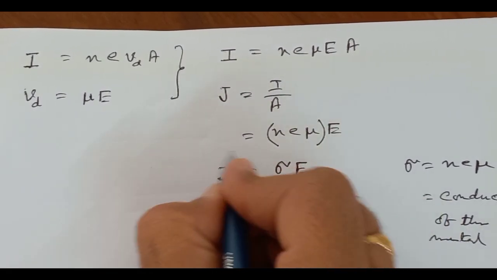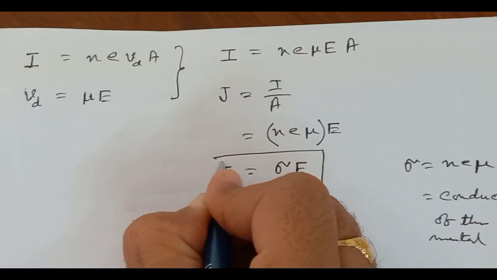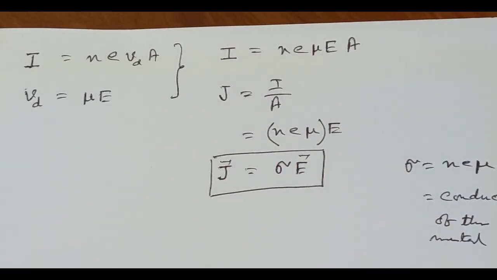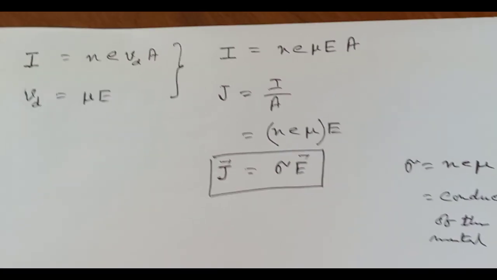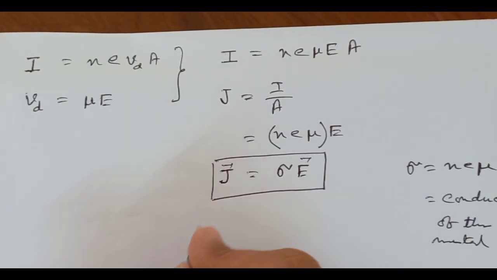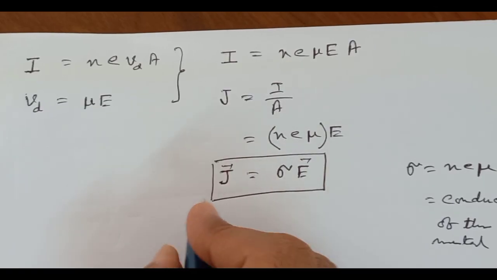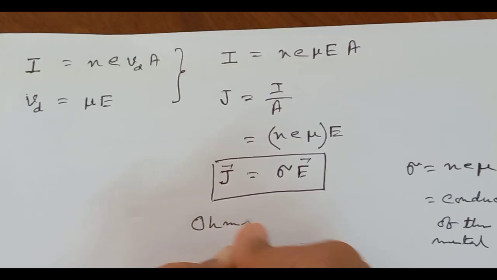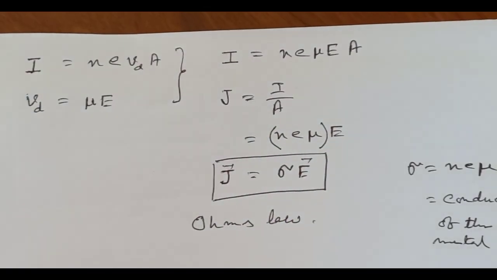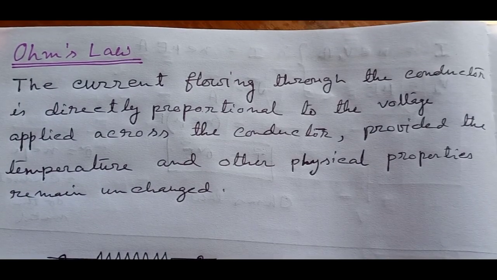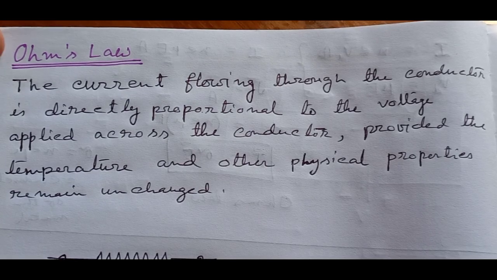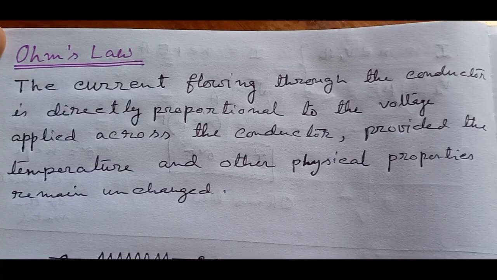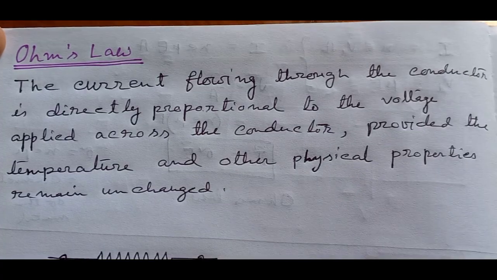Therefore, J is equal to sigma into E. Here J is the vector quantity, E also vector quantity. Actually, this relation expresses the Ohm's law. Ohm's law: the current flowing through the conductor is directly proportional to the voltage applied across the conductor, provided the temperature and other physical properties remain unchanged.